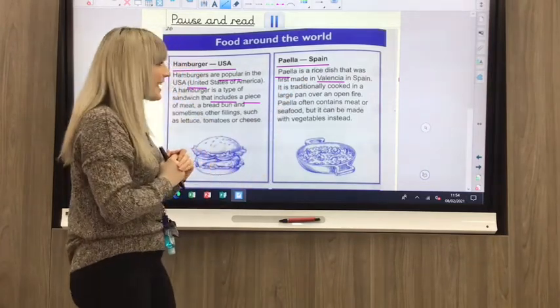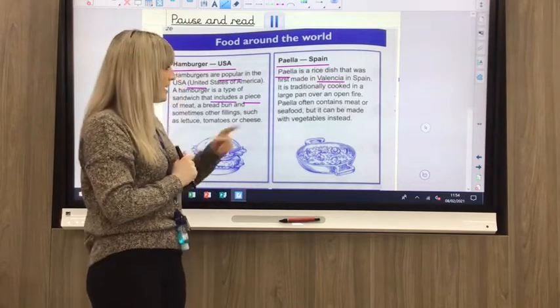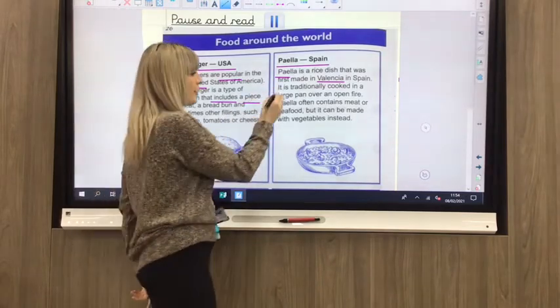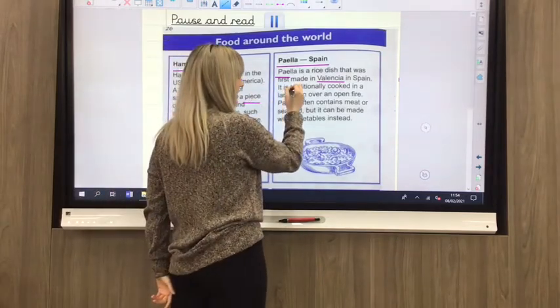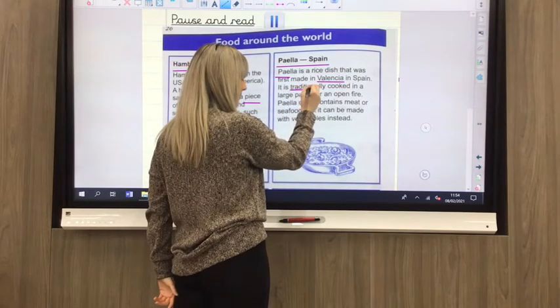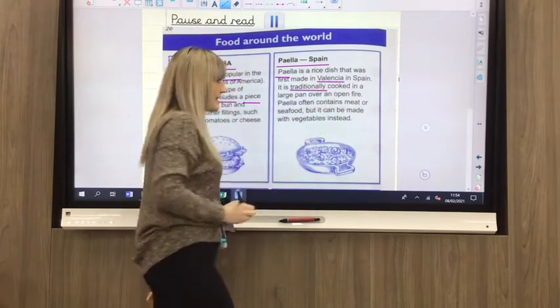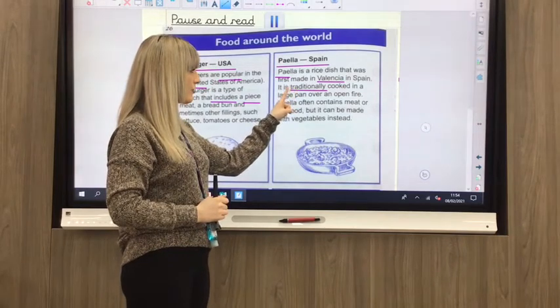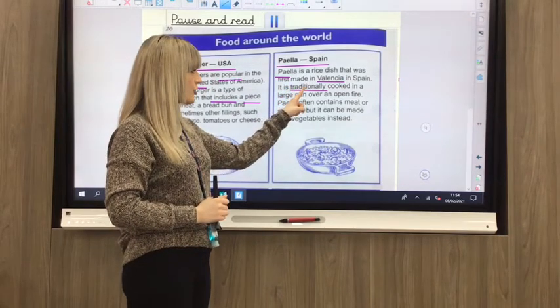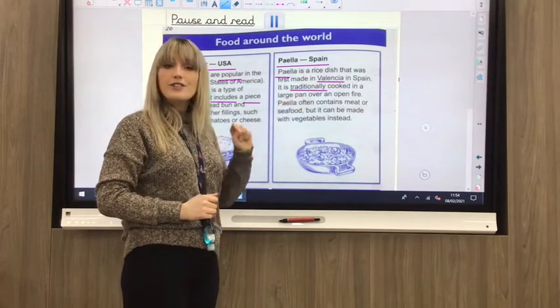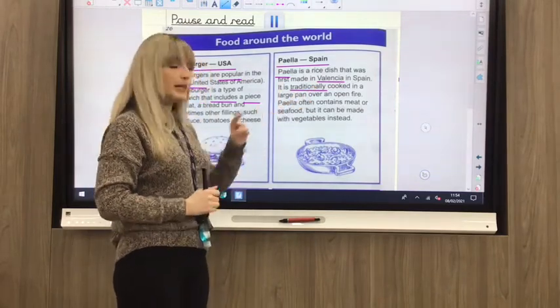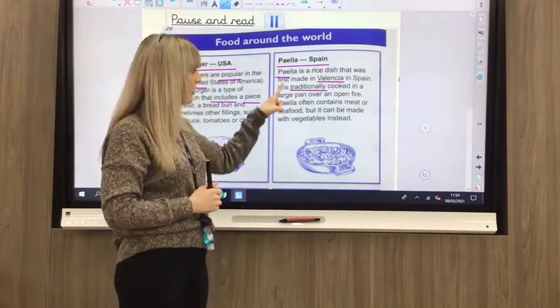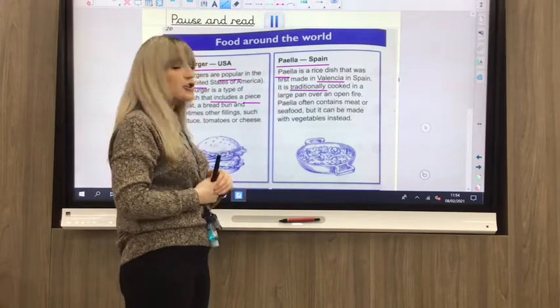Well done. Okay, another tricky word is one on the third sentence, on the third line. Okay, it says, let's sound it out, traditionally. So it's a tricky word to sound out, so you might want to underline it now.